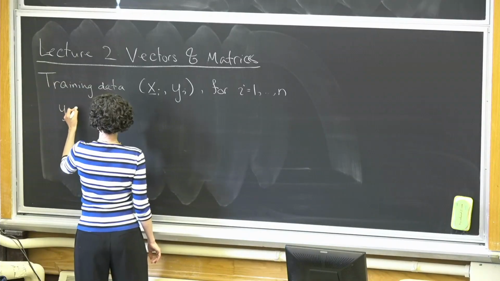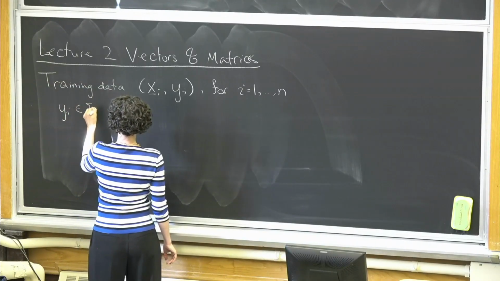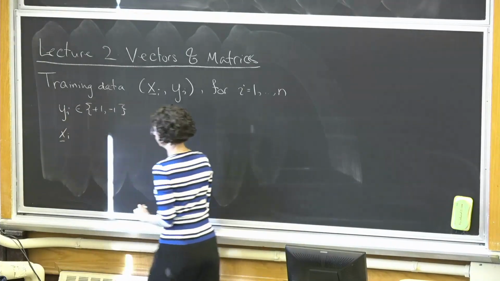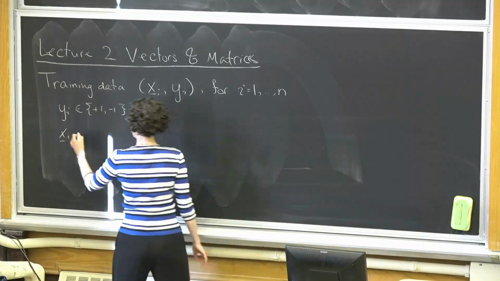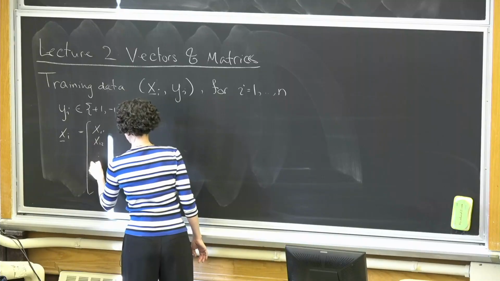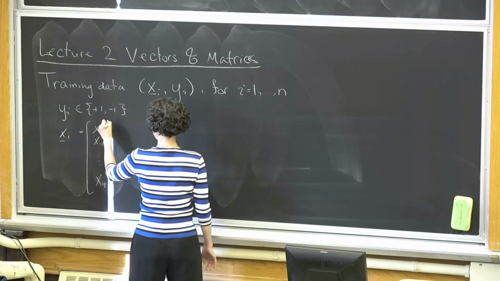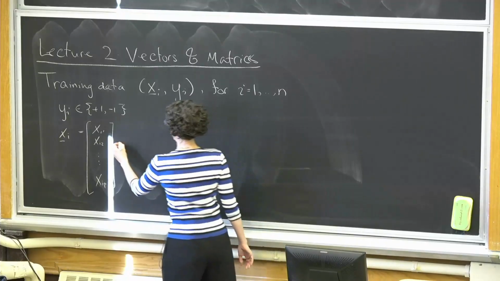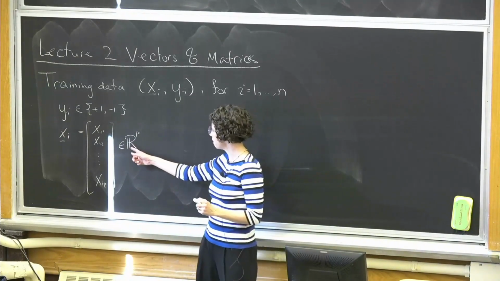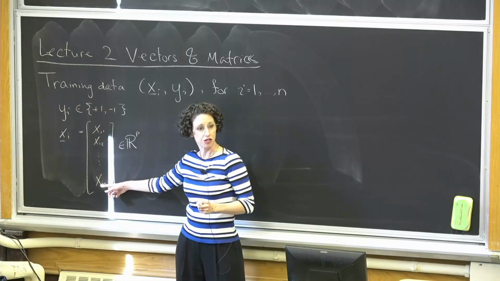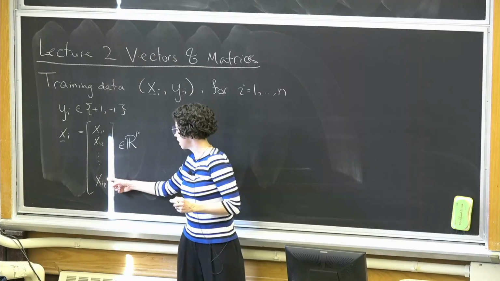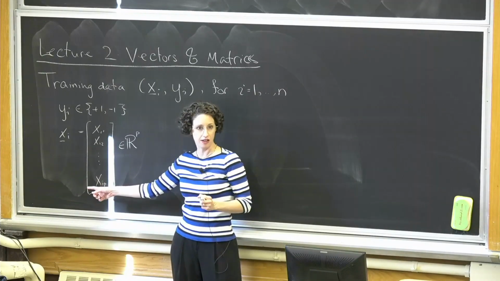So the yi would be a label, say, +1 or -1. And xi, this vector of features, we write as xi1, xi2, all the way to xip for our p different features. And we say this is in R^p with this fancy bold R here to indicate that there are p different entries and each one is a real number. And so xip is the pth feature of the ith sample.